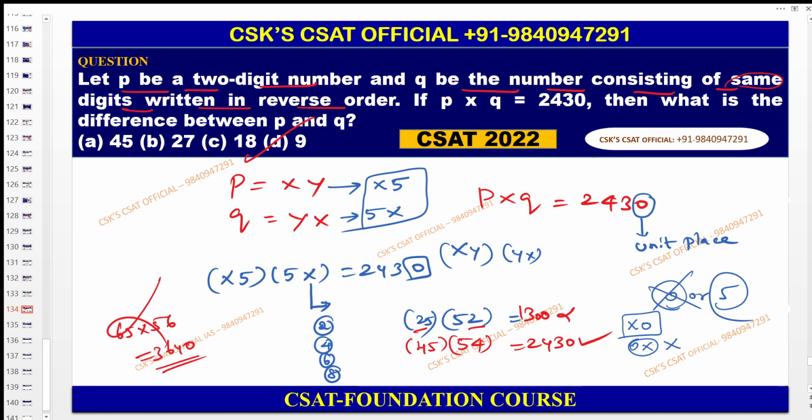So therefore, after 4, if you place any even number in the place of x, it crosses 2430. Therefore, those things are all not required. We need only 2430. That we are getting when you are substituting the 45 into 54.